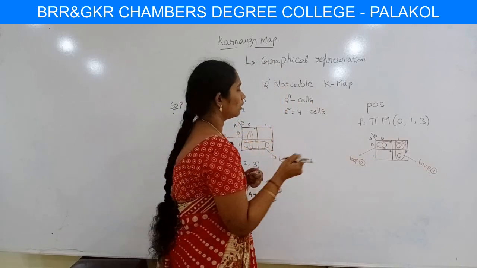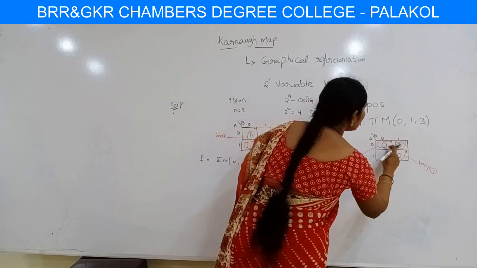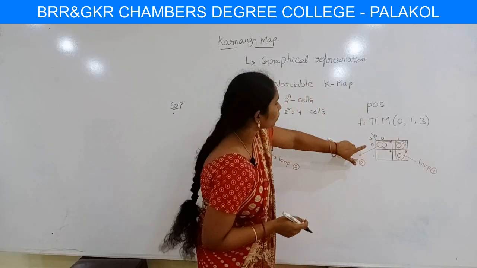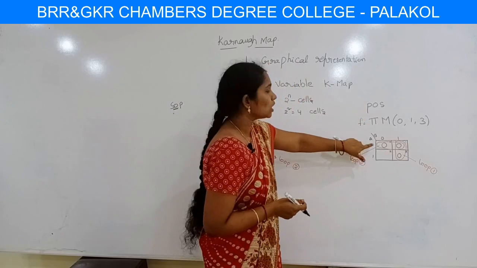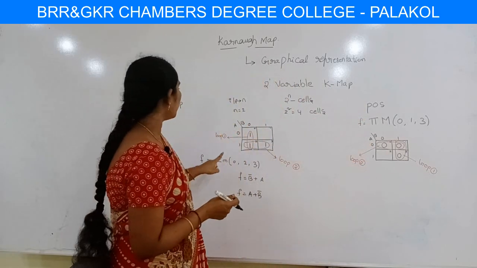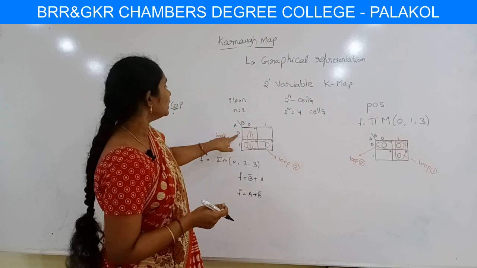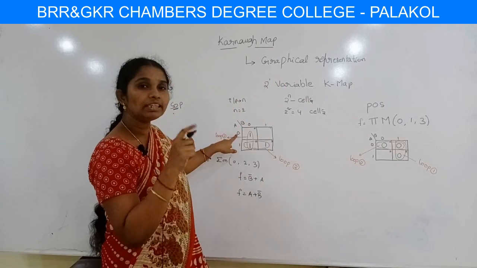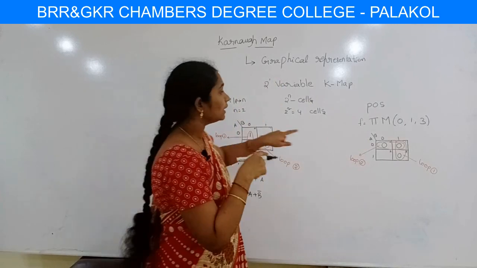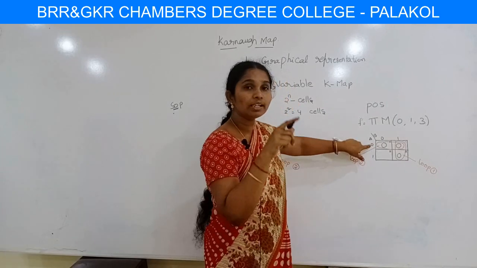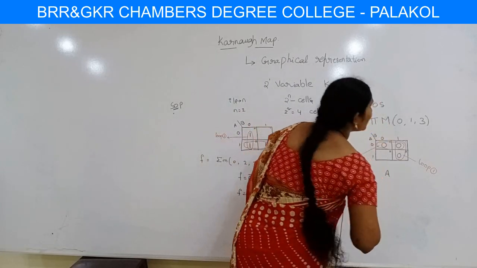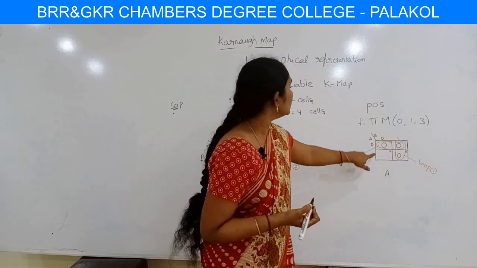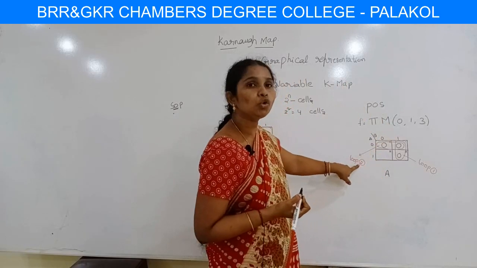We consider this loop. Here the constant term is A. In SOP representation the 0 is represented with A bar, but in POS representation the 0 is represented with A. So the expression is A for loop number 2.